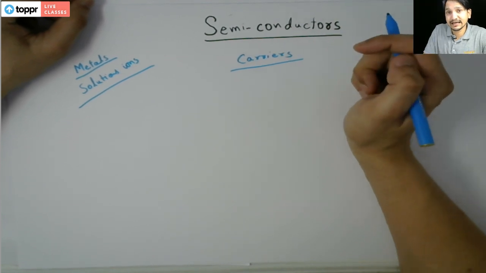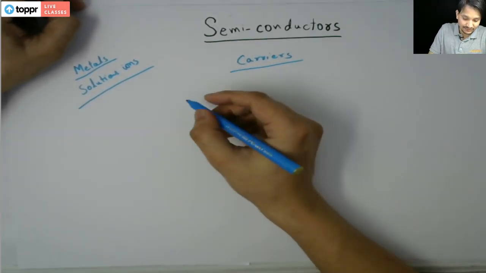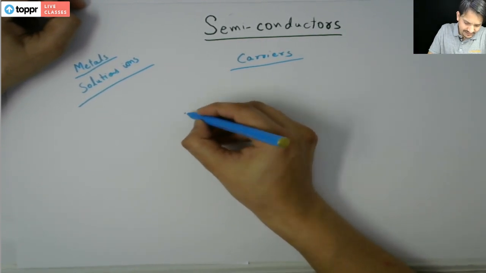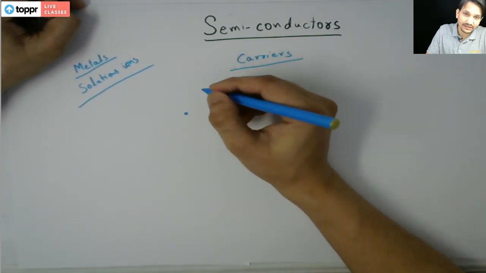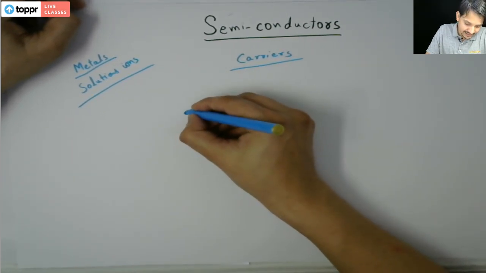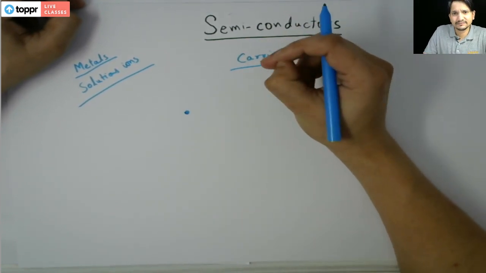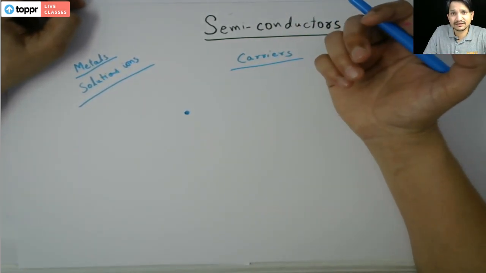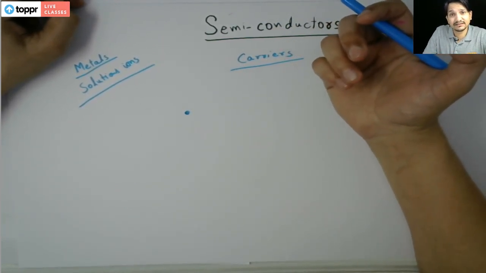So what are carriers? In metals, carriers are electrons. So you can say that if there are electrons, you can expect them to conduct electricity, but every matter has electrons, because every matter has atoms and every atom has electrons.